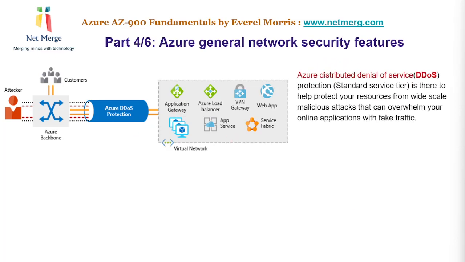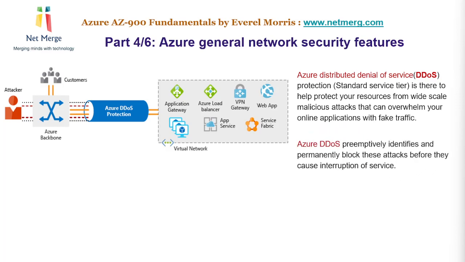Now, Azure Distributed Denial of Service Protection, their standard service there, is there to help protect your resources from wide scale malicious attacks that can overwhelm your online application with fake traffic. So we understand what it does. Now, Azure DDoS preemptively identifies and permanently blocks these attacks before they cause interruption of service.